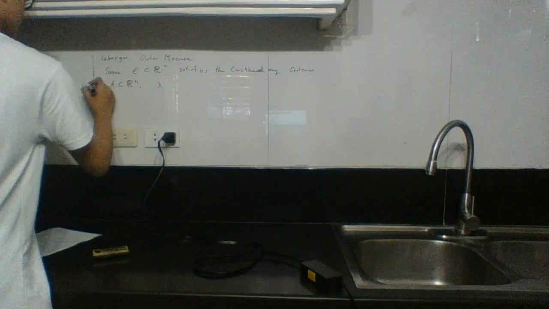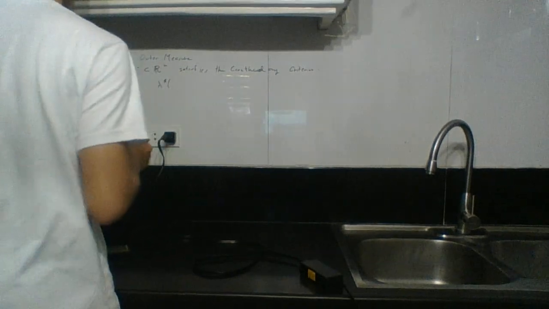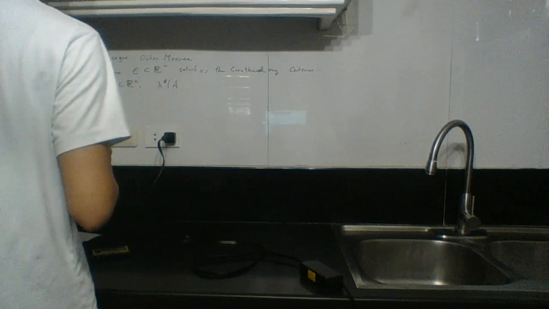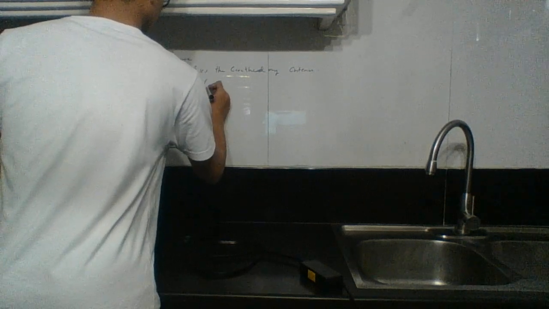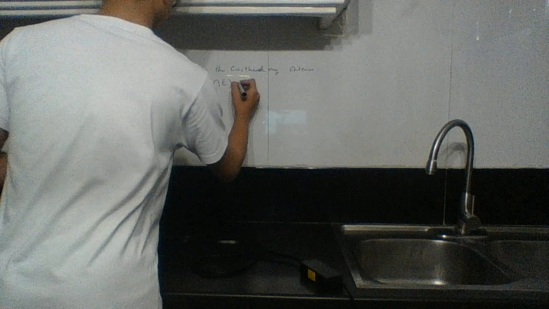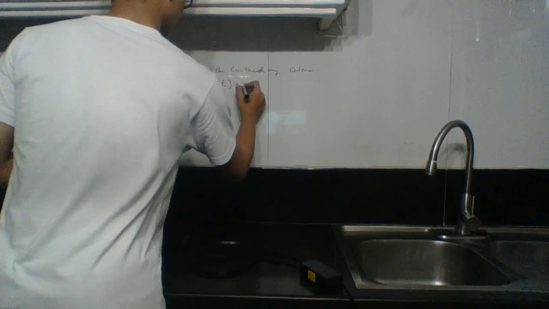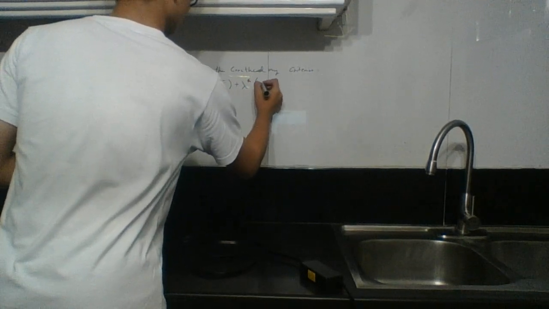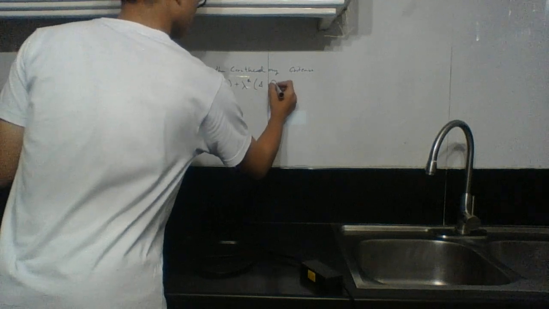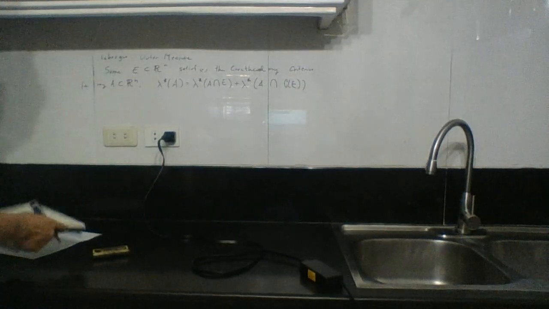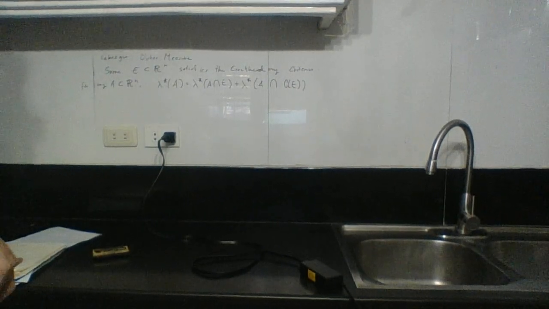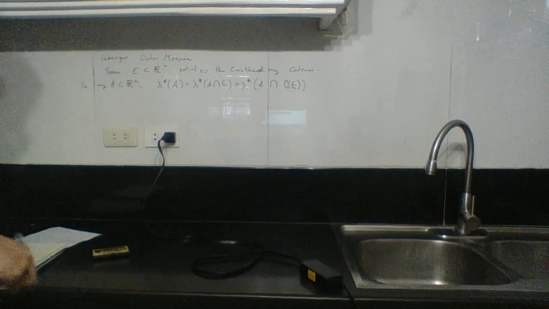So for any A in R^n, the Lebesgue outer measure of A is equal to the Lebesgue outer measure of A intersect E plus the Lebesgue outer measure of A intersect the complement of E. So whatever is not inside E. Alright? So this condition.